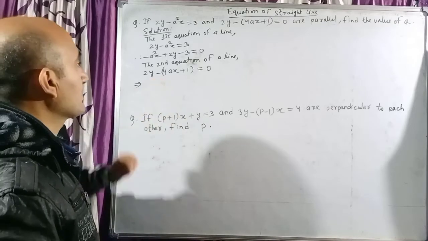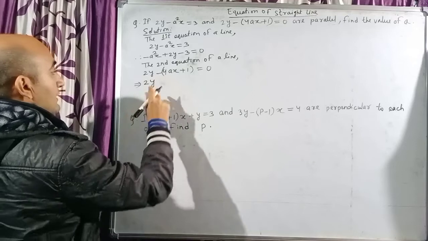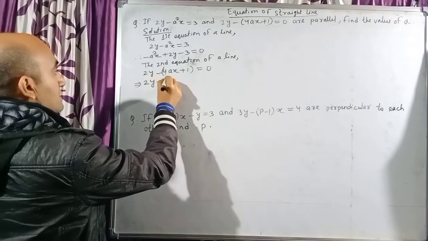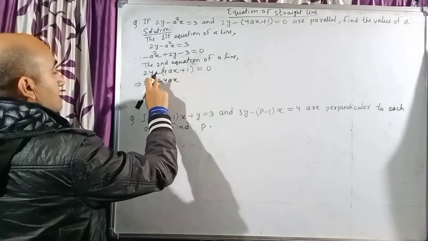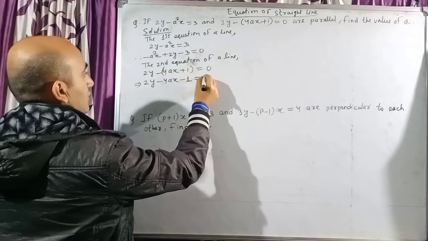Now what we will do children, we will arrange it again. 2y minus 4ax, minus into plus is minus, 1 equal to 0.